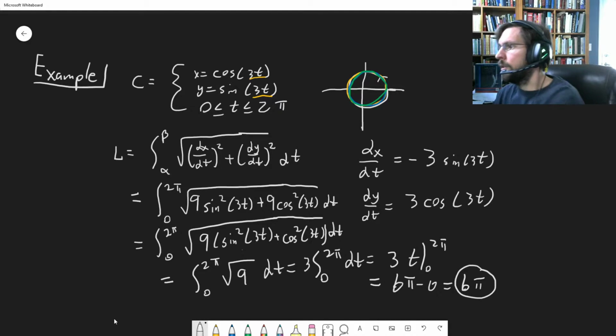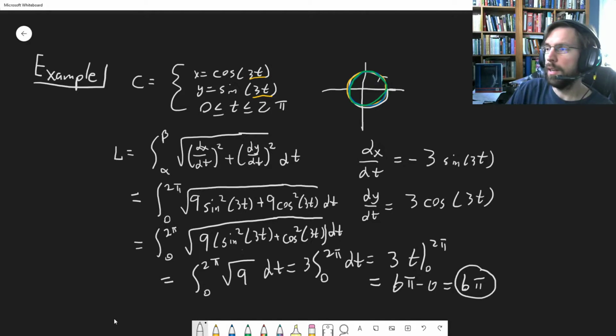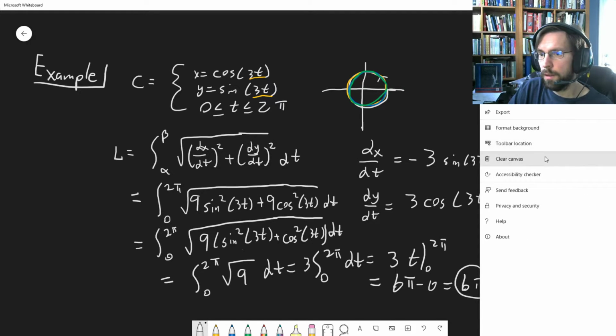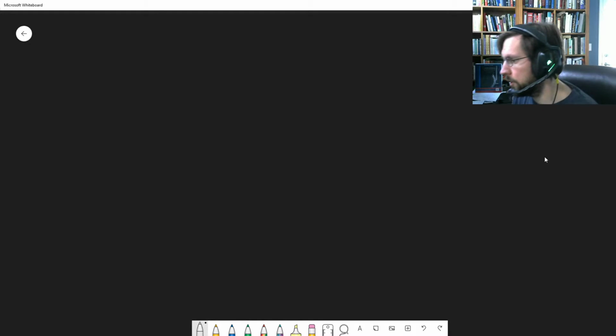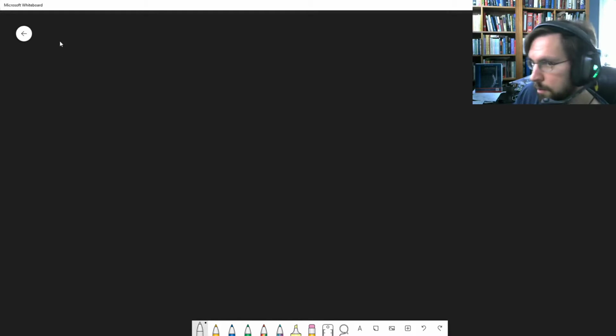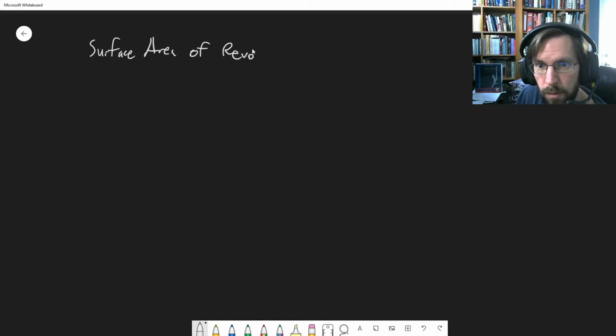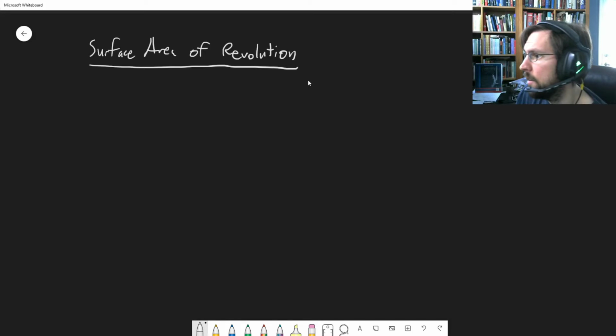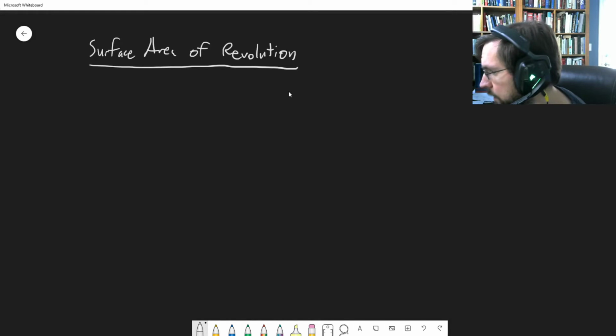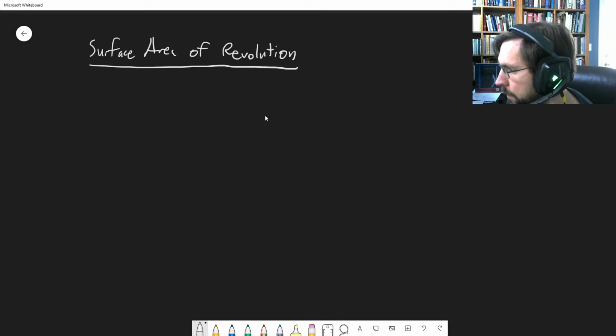Okay, so one other note about this, if we can do something like this for arc length, it means we can also do something like this for surface areas of revolution. Our surface area of revolution is going to behave more or less as you would expect.